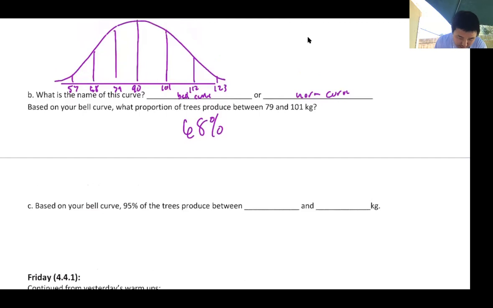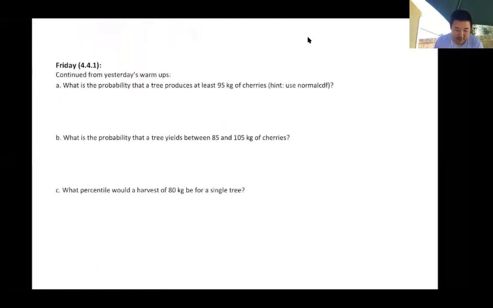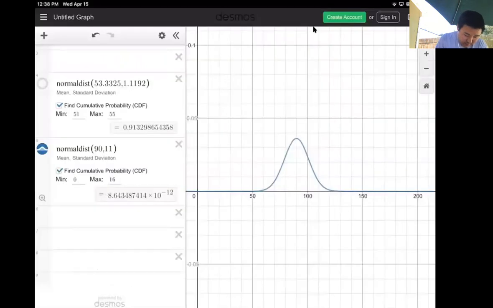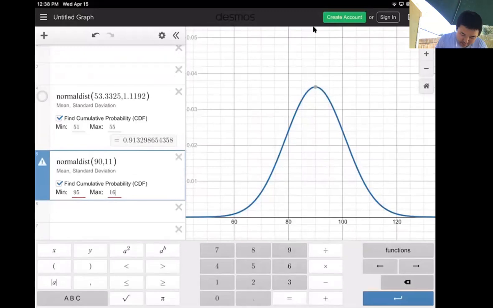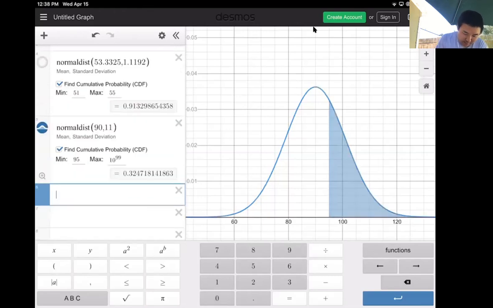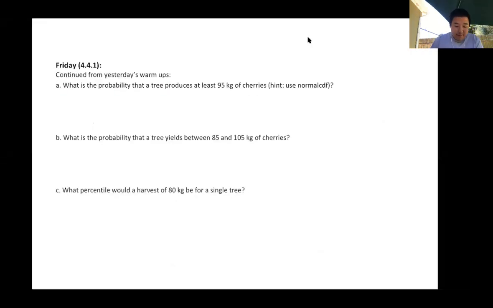The first one was at least 95, so 95 to 999. The next one was 85 to 105.